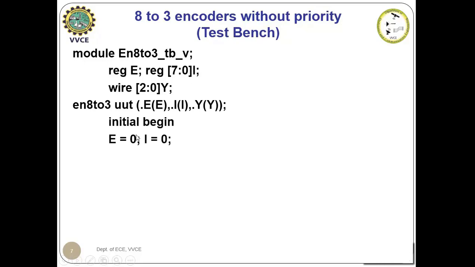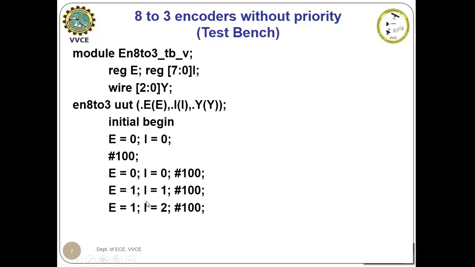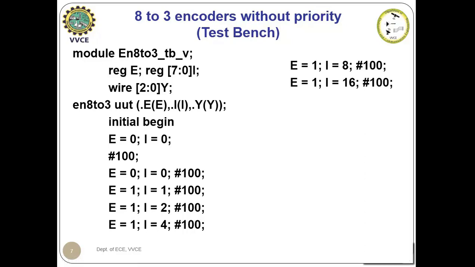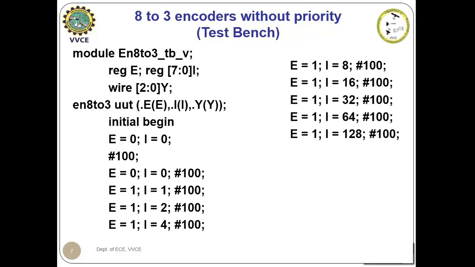Initial begin, give the initial values, that is E is equal to 0, I is equal to 0 for 100 nanosecond period. Then give the combinations here. E is equal to 0, I is equal to 0, E is equal to 1, I is equal to 1, E is equal to 1, I is equal to 2, E is equal to 1, I is equal to 4, E is equal to 1, I is equal to 8, E is equal to 1, I is equal to 16, E is equal to 1, I is equal to 32, E is equal to 1, I is equal to 64, E is equal to 1, I is equal to 128, end module.